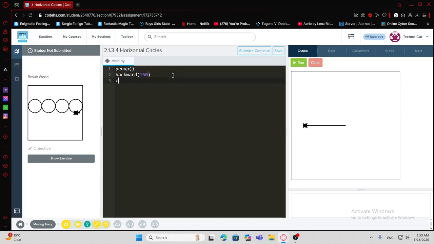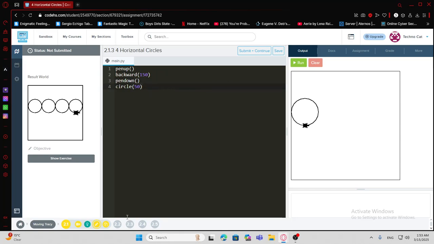And then she'd have to do the circle with a radius of 50. Yeah, I still need to pen down after she goes backwards. But regardless, what I'm trying to say here is that there's a better way to do this.